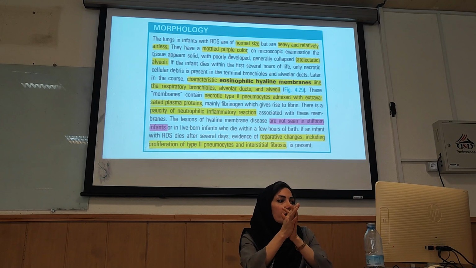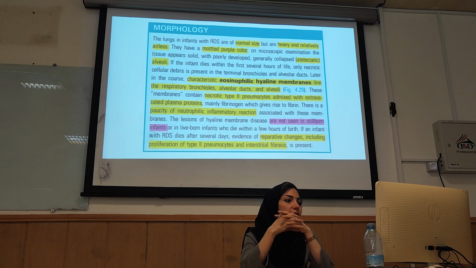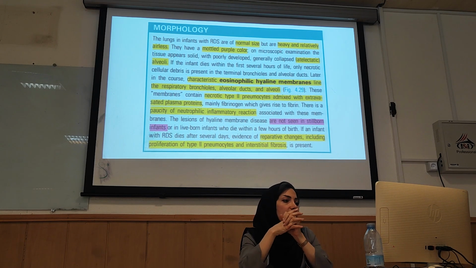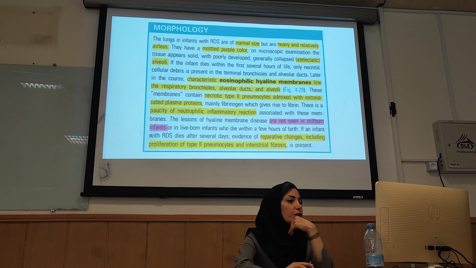The appearance of the RDS lung is a mottled purple color, and in the microscopic examination you see atelectasis of the alveoli and the eosinophilic hyaline membrane that I explained in the previous slides.